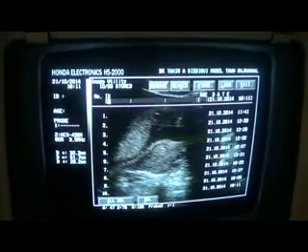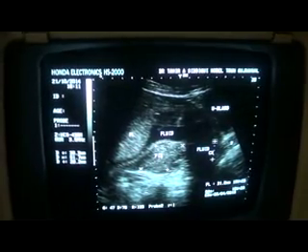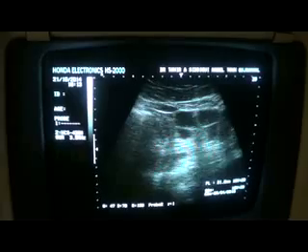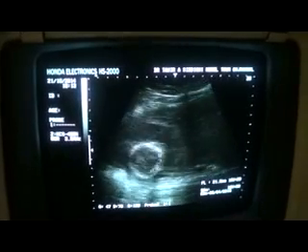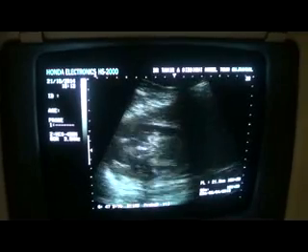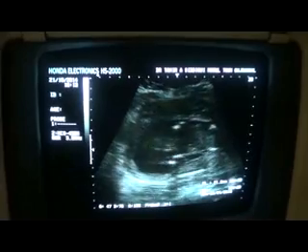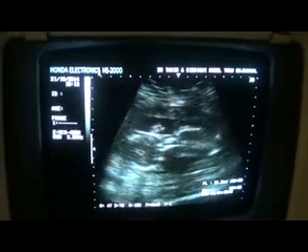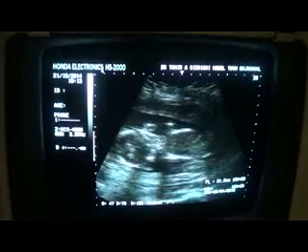Moving further, now when I start moving the probe from the epigastric region and I'm coming down, I see the uterus. This is the uterus. You can see the fetus. This is the fetus, head of the fetus.